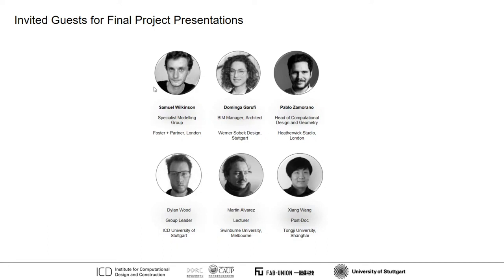Sam Wilkinson from the specialist modeling group in Foster's and Partners, highly involved in the whole smart geometry group and organization. Dominga Garuffi as a very young and coming figure, currently working at Werner Sobeck. And Pablo Zamorano from Hedderwick.